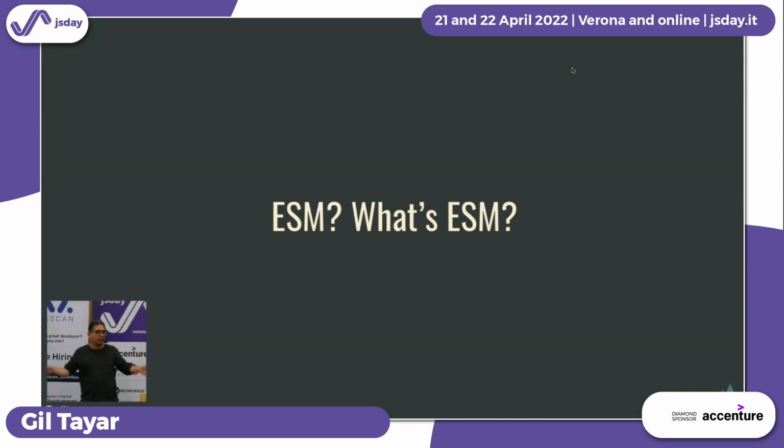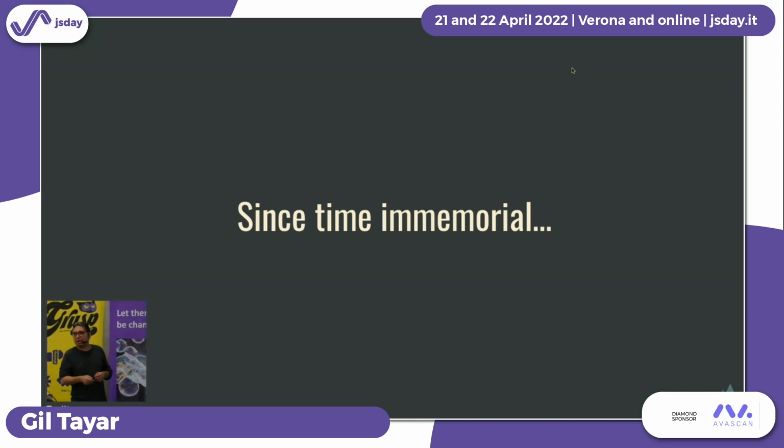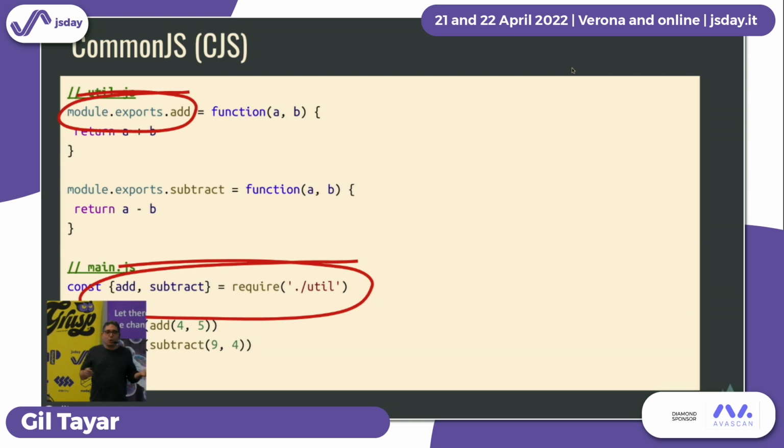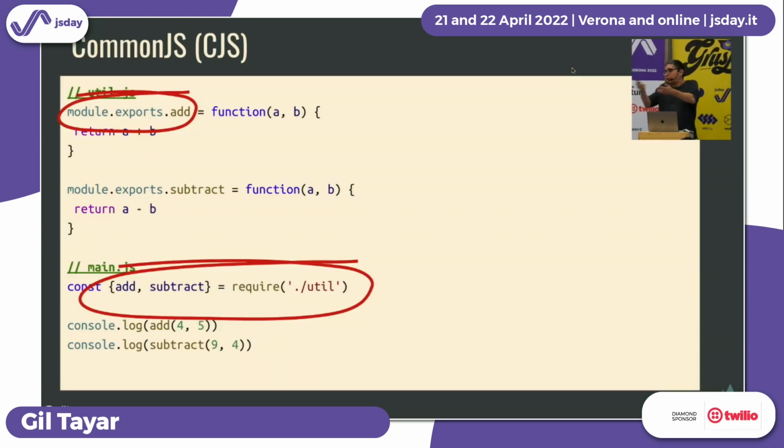First of all, I know front-end people know exactly what ES modules are, but sometimes some Node.js people don't. So a very, very quick thing about what is ESM. Since time immemorial, we've been using CommonJS in Node.js. If we have a module, it exports, in this example, add and subtract, and another module imports it using require.